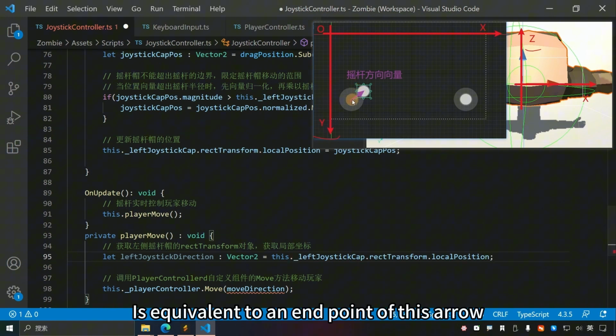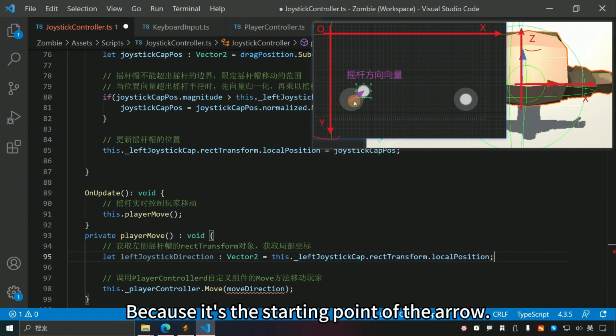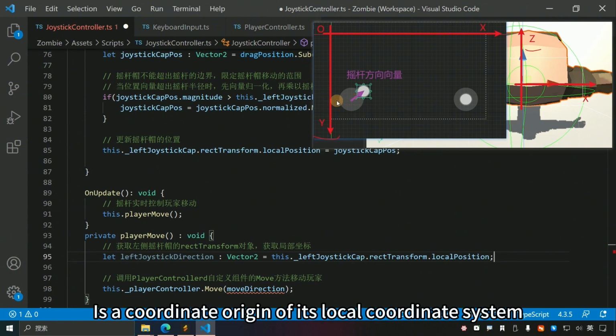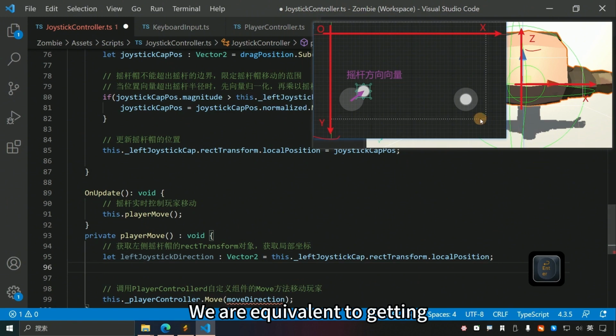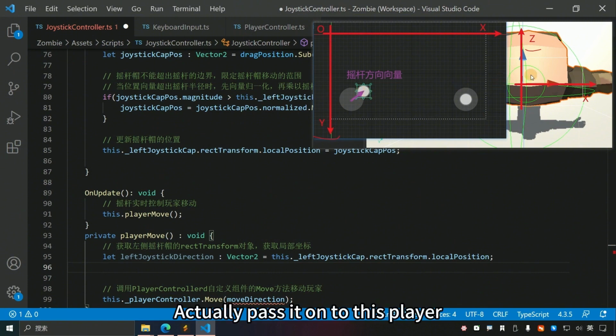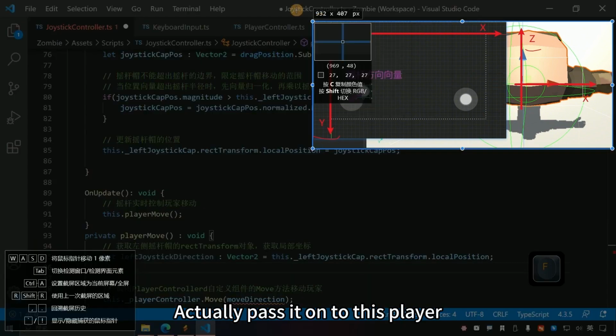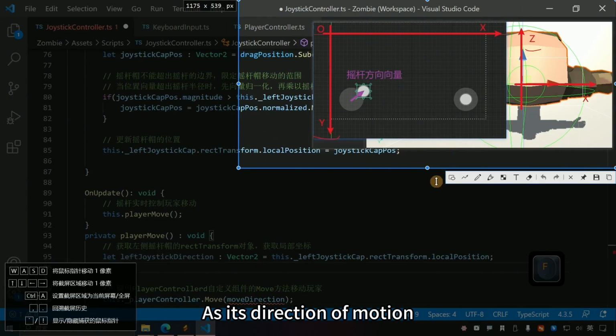It is equivalent to the end point of this arrow, because the starting point of the arrow is the coordinate origin of its local coordinate system. In that case, we are equivalent to getting the purple vector in this diagram. This vector is passed on to the player as its direction of motion.